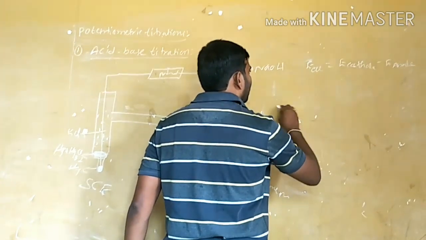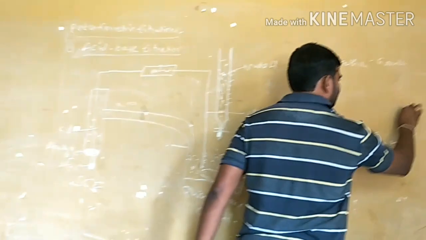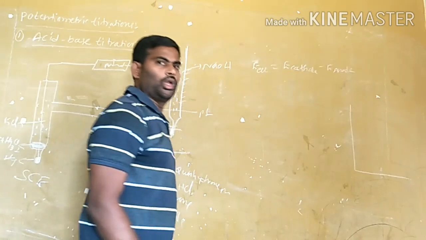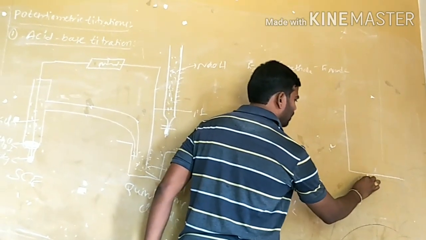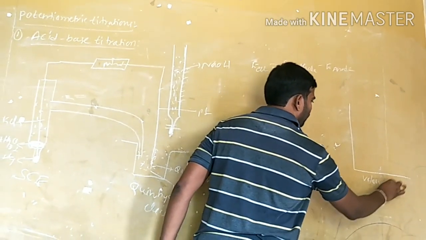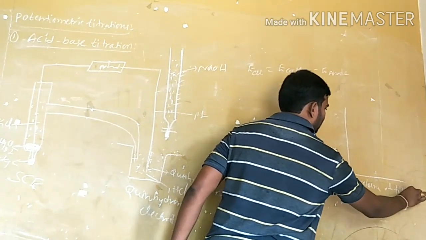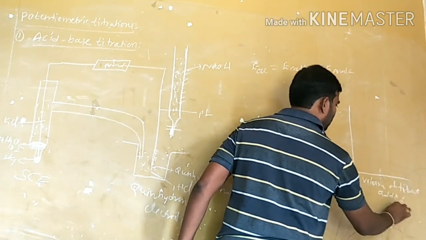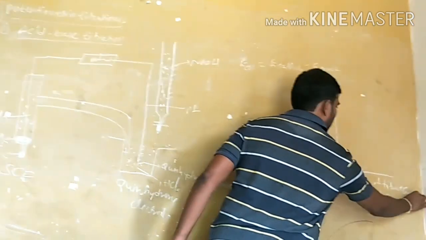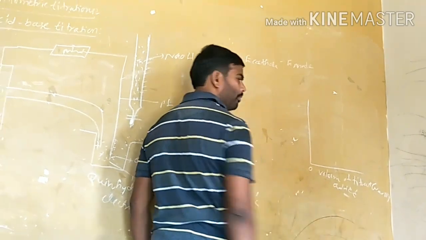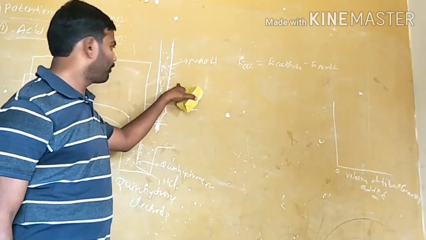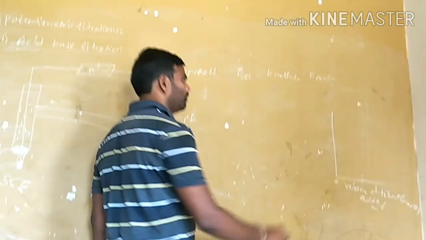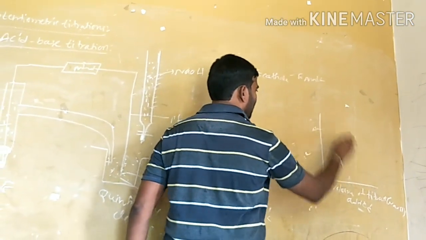Whenever it is showing some value before the addition of base, the volume of titrant added, that is NaOH, is 0. It means before addition of this base from the burette to this acid solution, it's showing some potential value that will be pointed as A point.